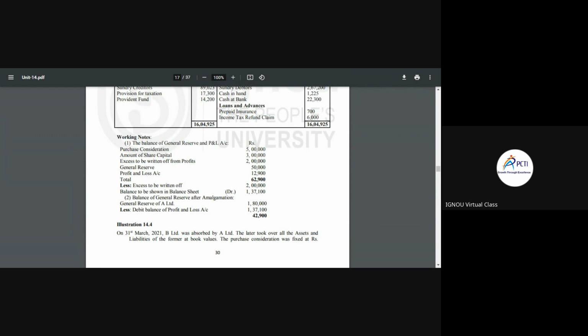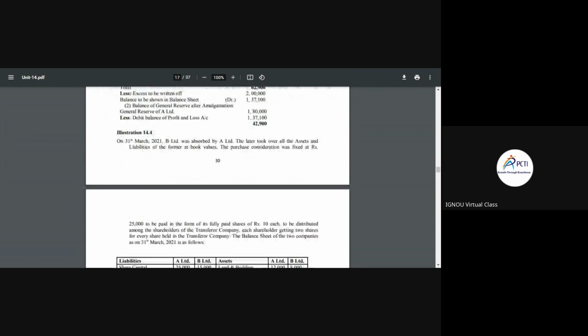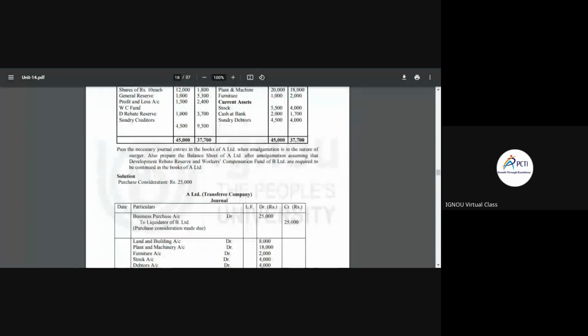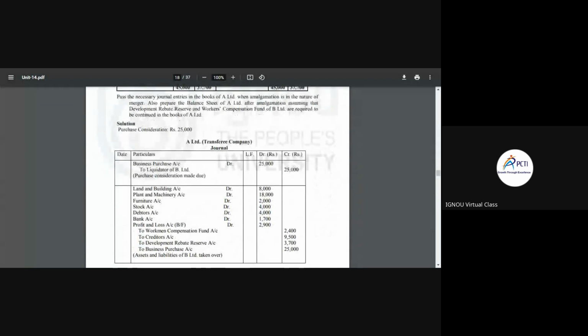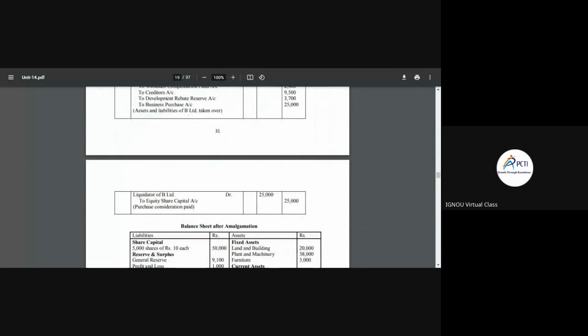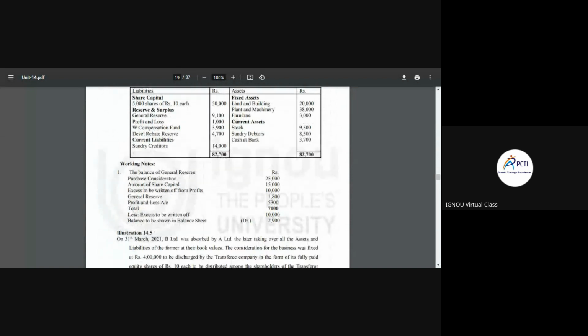So like this, we have another illustration which you can solve at your home. There are multiple illustrations, and the process is the same for every illustration. You just need to check this and try to solve it.